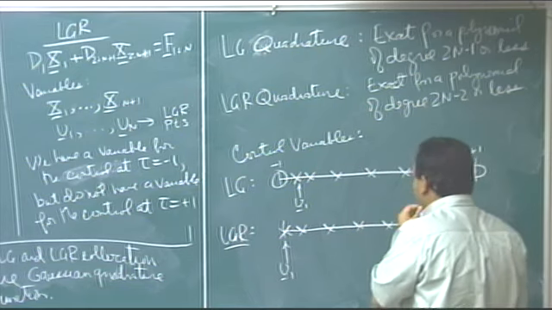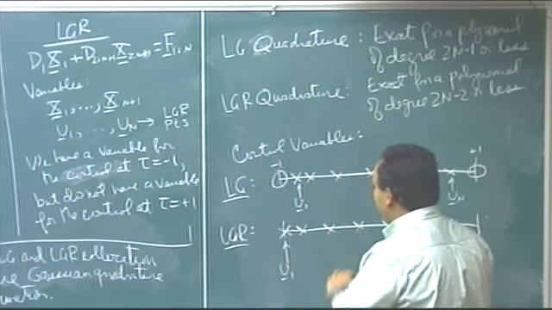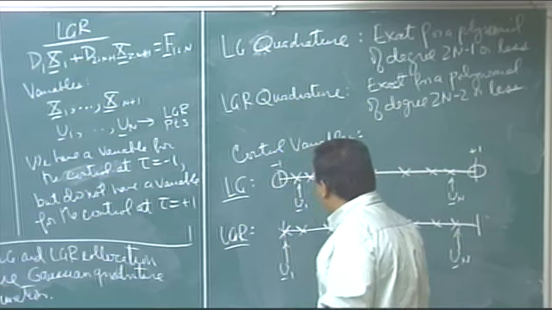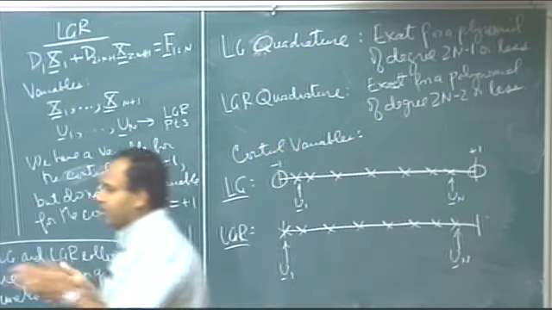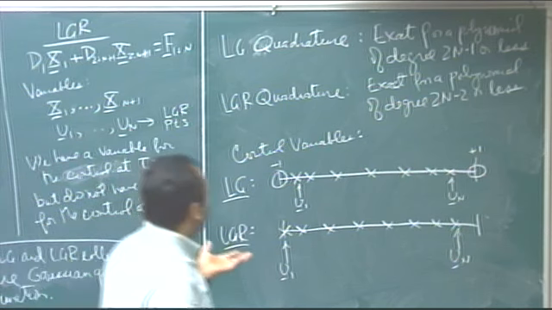So the benefit of using LGR as compared to using LG is that in the case of LGR, I get the control at the initial point. Now, if we're thinking about this in the sense of feedback, you would like to have the control at the starting point, right? You don't want to have the control at some other point because we don't have a unique function that approximates the control.